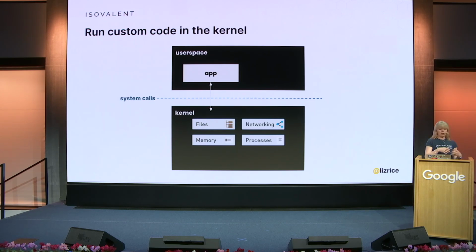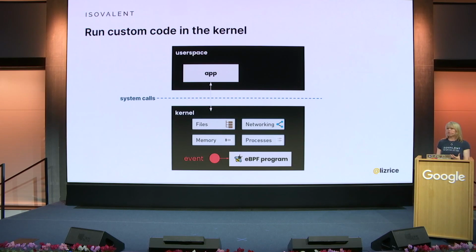You have to use system calls to ask the kernel to do it on your behalf. So whenever you're accessing a file or communicating over the network or accessing memory, that's all going to involve the kernel. The kernel is also coordinating multiple different processes at the same time and looking after things like capabilities and permissions. So the kernel is involved in pretty much anything interesting that's happening on a machine.